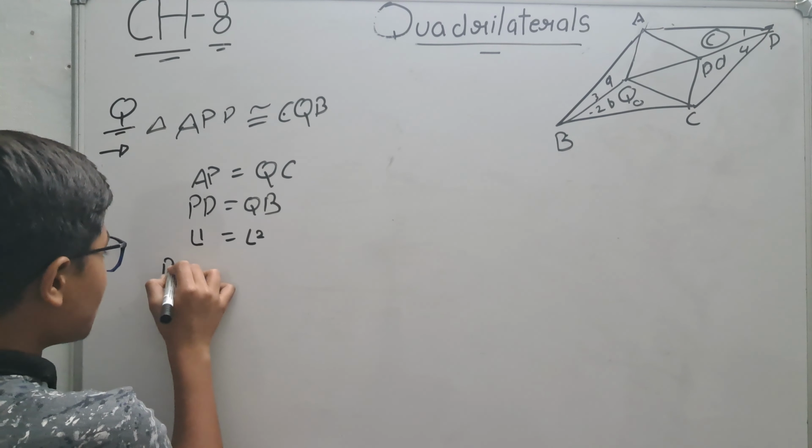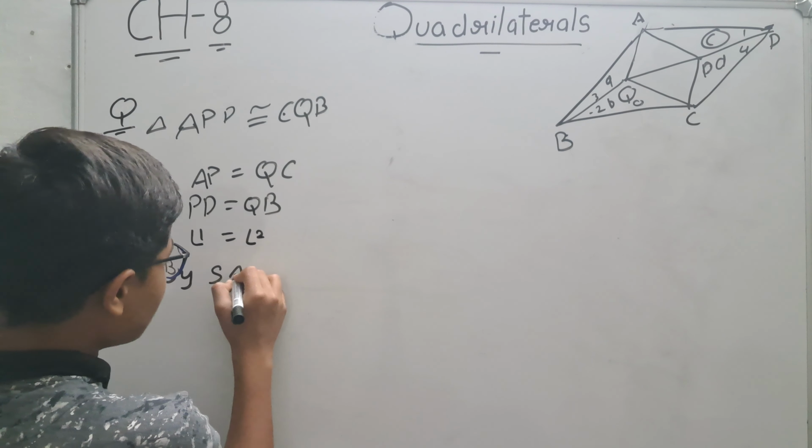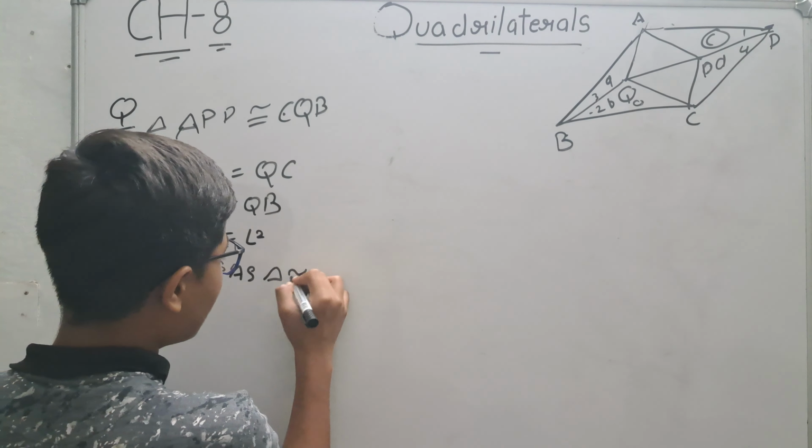By SAS, the triangles are congruent. This is part 1. Now let's do part 2 of this question. They have said AP is equal to CQ, that is by CPCT.